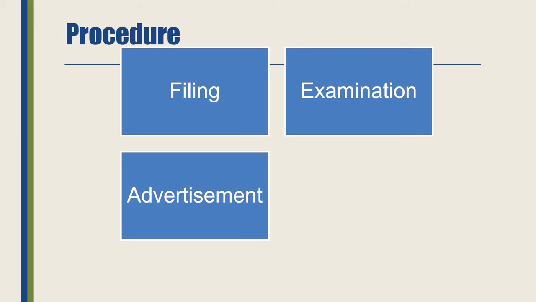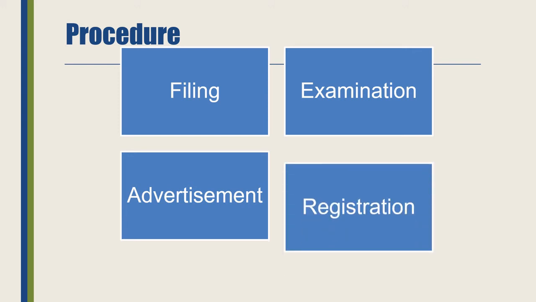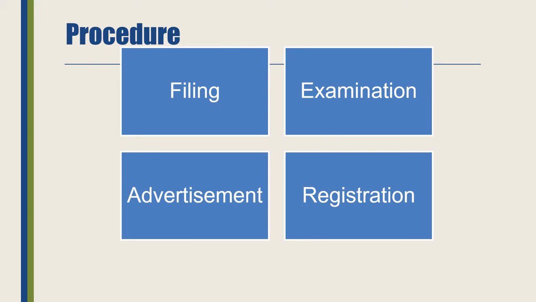Then it will be advertised in the trademark journal so that public can oppose registration of the trademark. Objections can be filed within 3 months from the date of the advertisement in the journal. Now if there is no objection or the objections are not valid, that particular trademark will be registered.